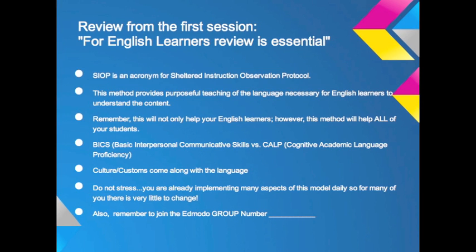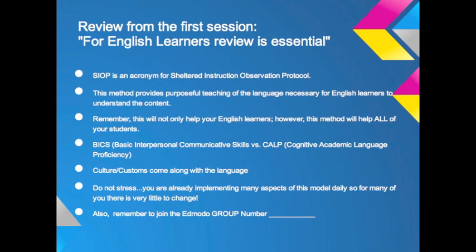Okay, I'm going to take a moment to review from the first session, and for English learners, review is essential in the classroom as well for your other students. SIOP is an acronym for Sheltered Instruction Observation Protocol. This method provides purposeful teaching of the language necessary for English learners to understand the content.